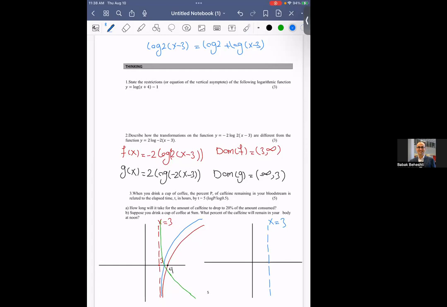But because you have log of minus 2 times x minus 3, you have to flip it around x equal to 3. So you get something like this. The negative sign inside the log tells you to flip it around x equal to 3.